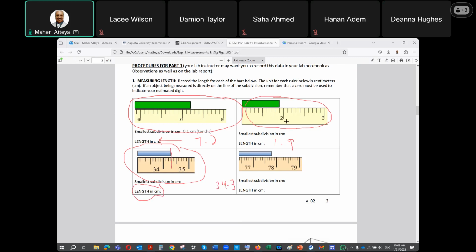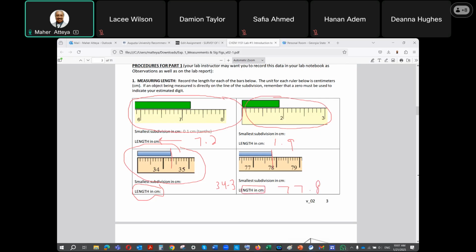How about the third one? 77.8. Correct, 77.8. And the units are given to you here, centimeters.